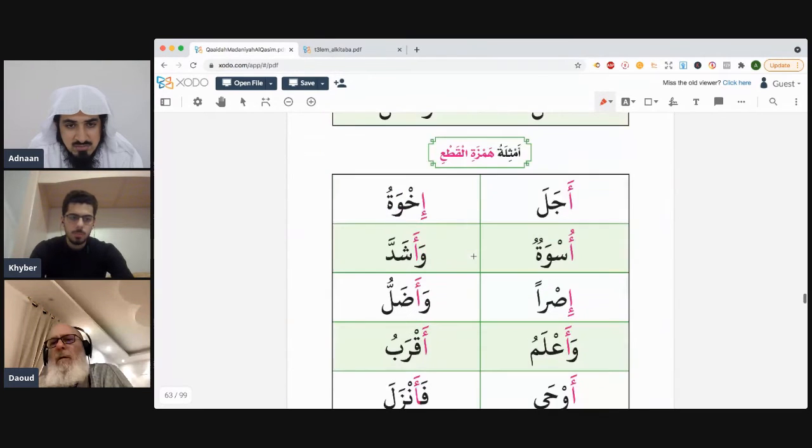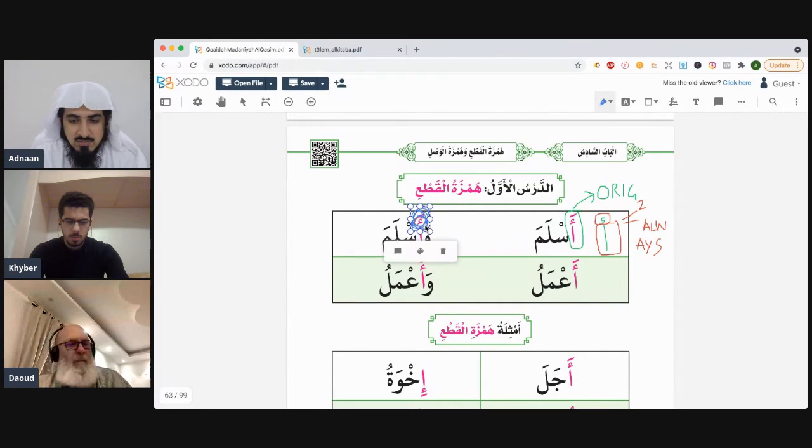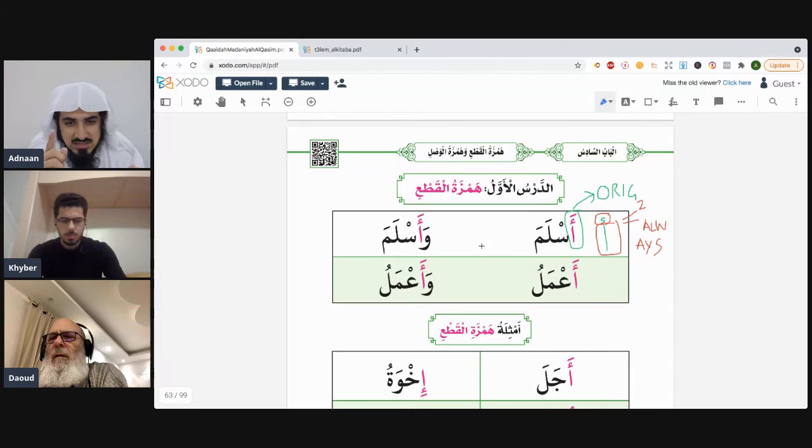Another way you want to remember it, you see this small little hamza on the top? This one here, let's make it another color, blue. You see this hamza here? Another way you can remember it, this is just for your own way of remembering. You can imagine that small little thing is like a crown on the head. A crown always signifies importance.